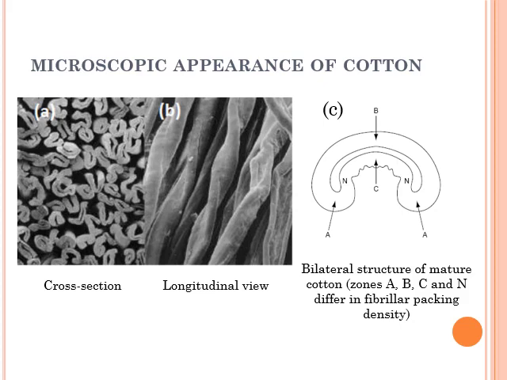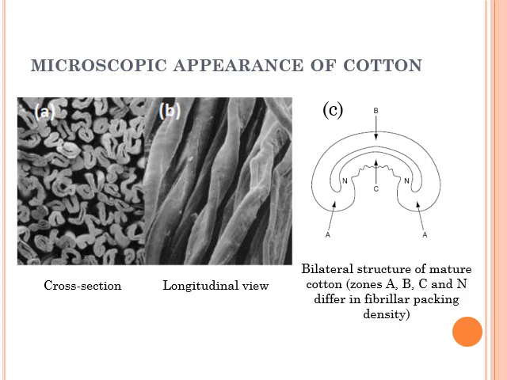The cross-sectional view of the cotton fiber is kidney shaped, swelling almost round when moisture absorption takes place, as shown in figure A. This shape occurs from the inward collapse of the cotton fiber when it dries out.